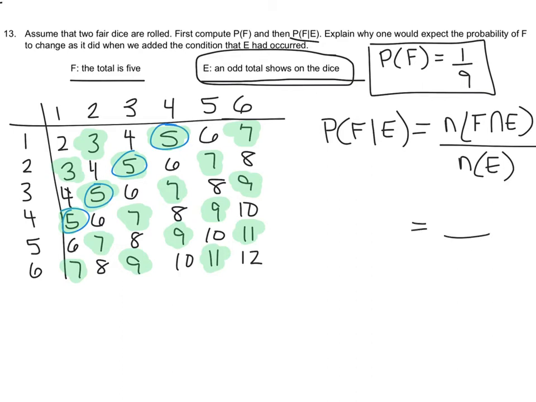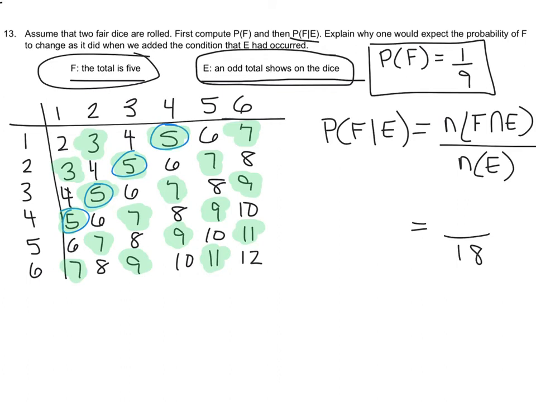Now I want to find the numerator, and the numerator is the number of times that those two events intersect. That means that both events occur at the same time. The event F is that the total of 5 shows, and the event E is that an odd total shows. So we're going to look at all of the sums that we highlighted green on the screen.